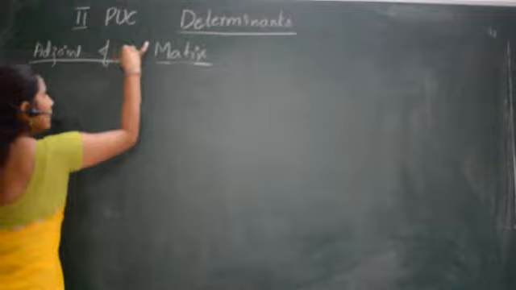So there are some results or definitions or theorems we can write. Let A be a given square matrix of order n.